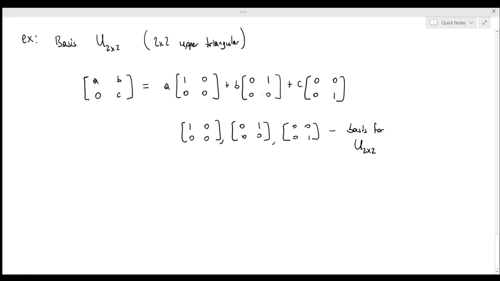And then the only way for this combination to equal 0 would be for the coefficients to be 0. So again, they'd be independent, almost automatically. Okay. So here we see that the dimension of U 2 by 2 would be 3 right now.